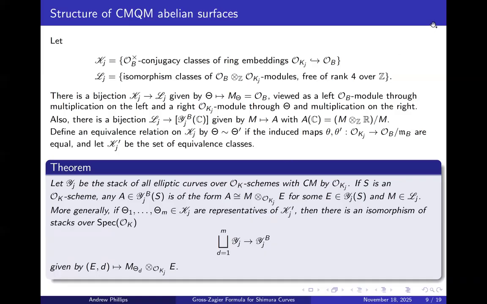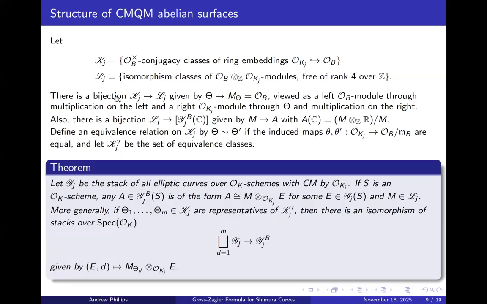Now, the reason why I wanted to state this result is because later on I'm going to have these ring homomorphisms from OKJ to OB going around, and I want to at least motivate a little bit where these things come from. Why are we talking about these ring homomorphisms?